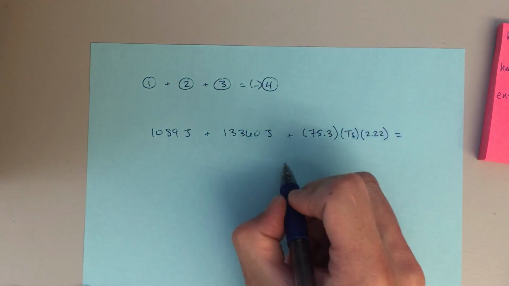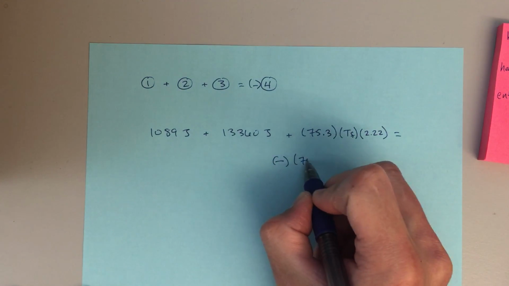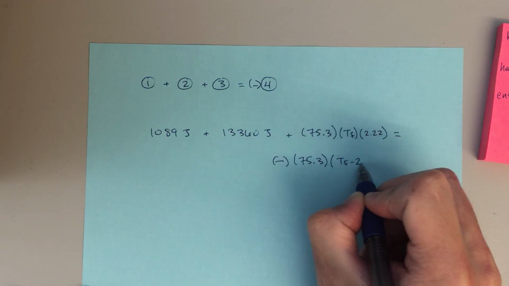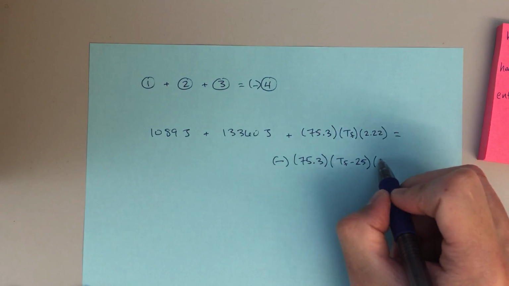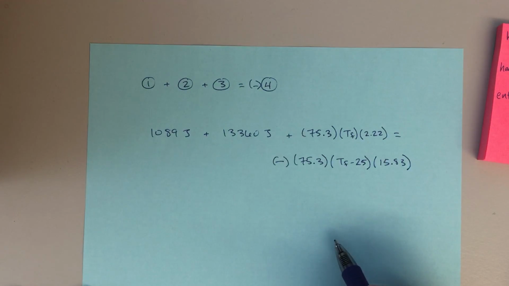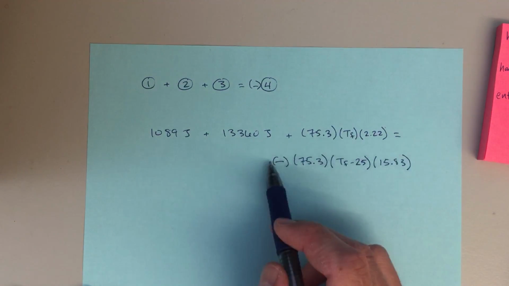That's going to equal minus my step 4 values: 75.3 times T final minus 25 times 15.83. And this is my number of moles for my water. So this is from the point of view of the ice. This is from the point of view of the water.